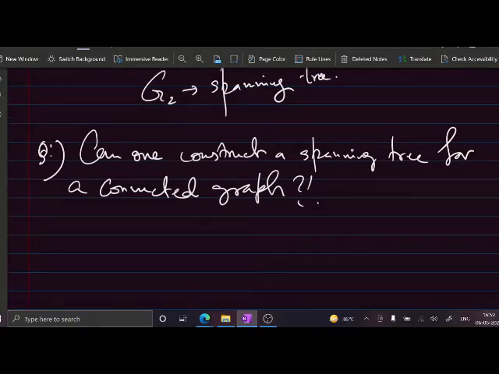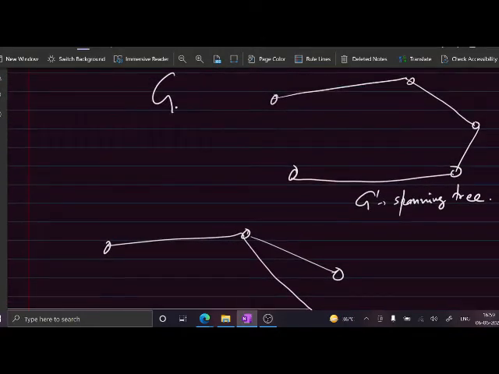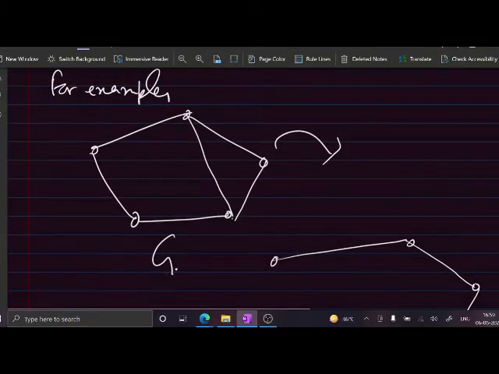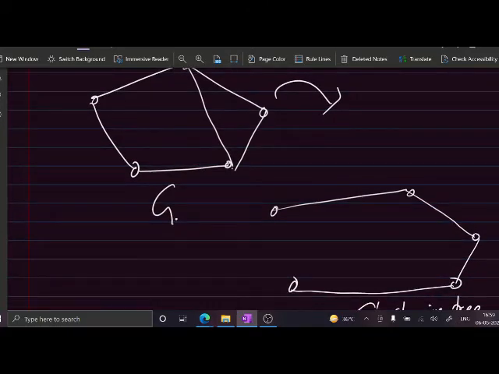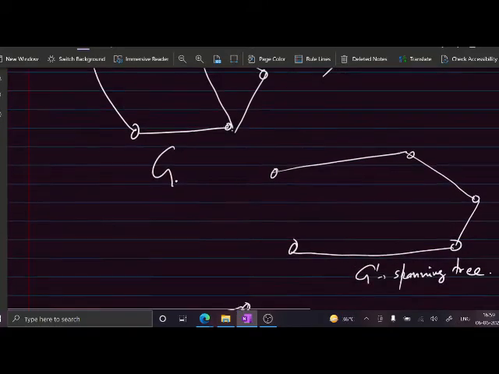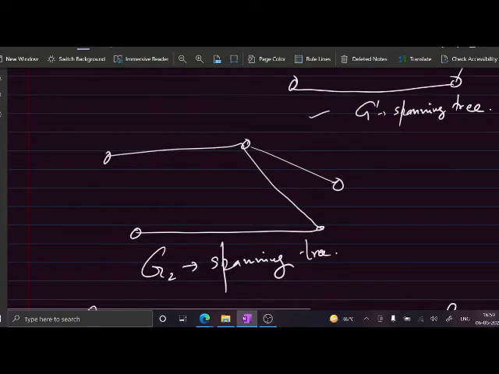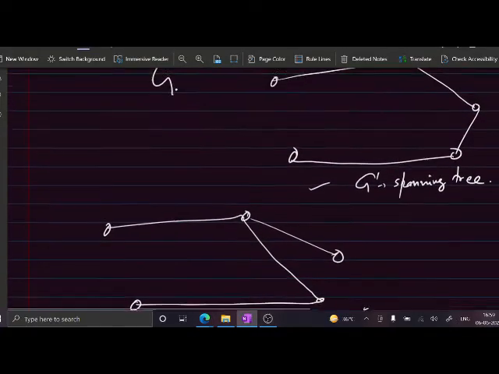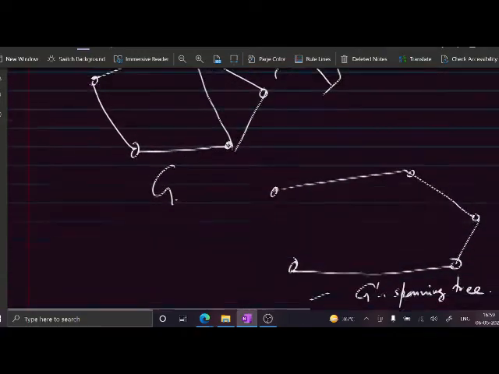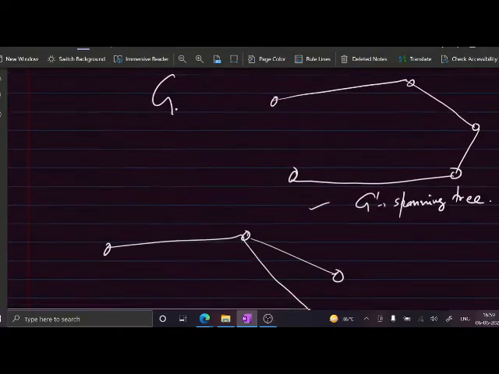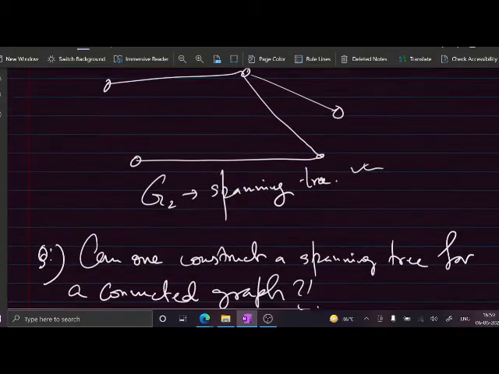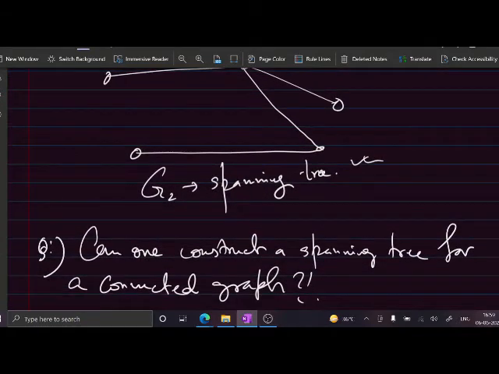In the above situation we have seen that yes, because this is a connected graph, this graph will give you a spanning tree, at least this one, and maybe you can find another. So from this graph you can construct a spanning tree out of the main graph, right?